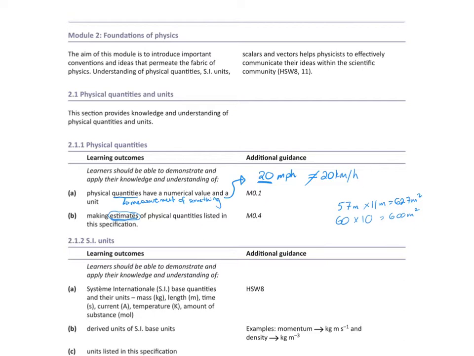So estimates involve making a simple, educated guess to get an answer, even though it's not going to be exactly the same value, it's quite close to the real value.